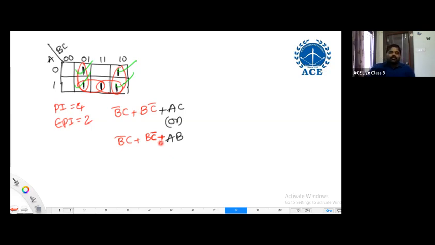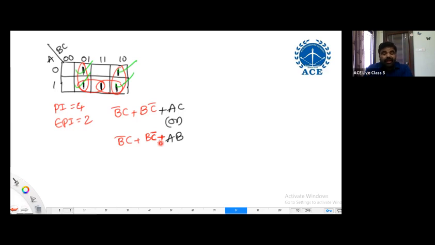Then when complexity is the same, I can choose any one. In such cases, we are getting multiple minimal expressions. Right? The point should be understood correctly. What are we getting here? Multiple minimal expressions.